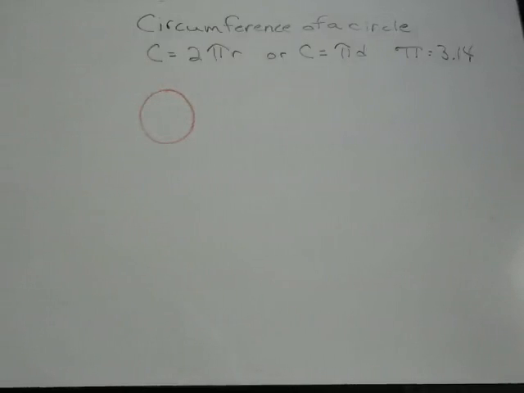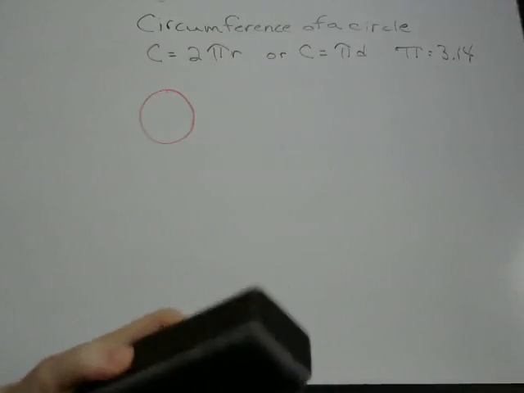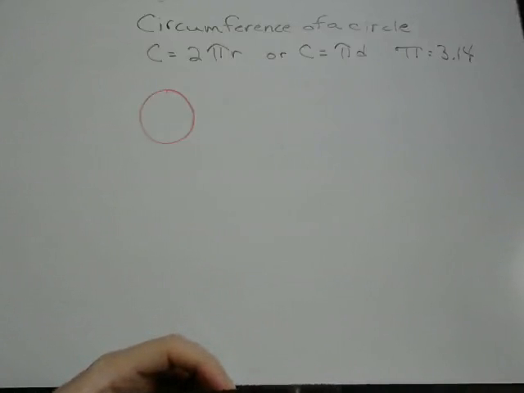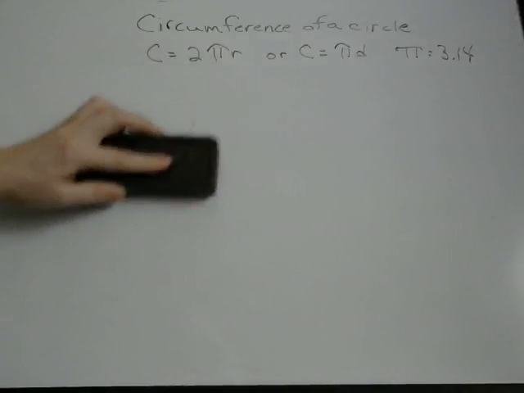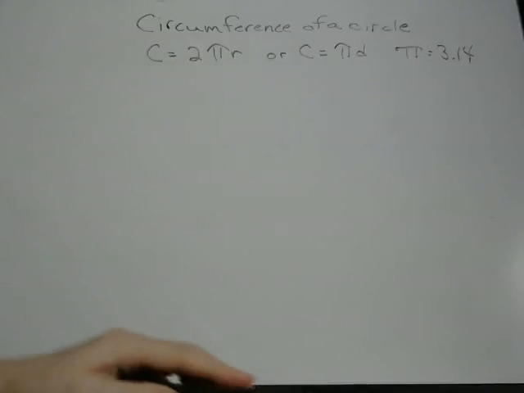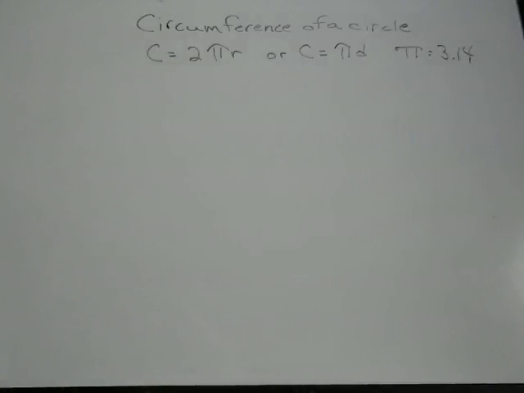So there's two ideas that you need to be familiar with in order to do circumference problems, and that is radius and diameter. And so if you don't know what radius and diameter are, you need to watch the Circles Part 1 video that's on the Facebook page. Because if you look on your formula sheet, they give you the formula for circumference.